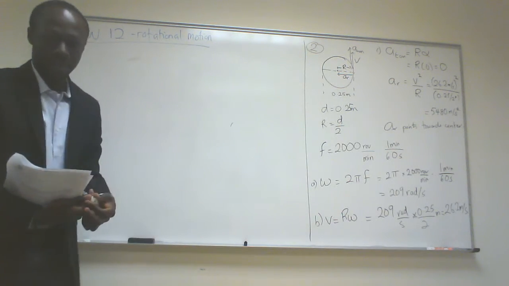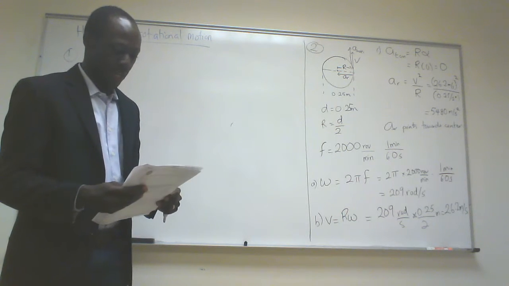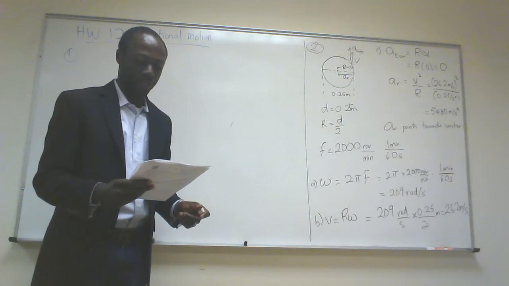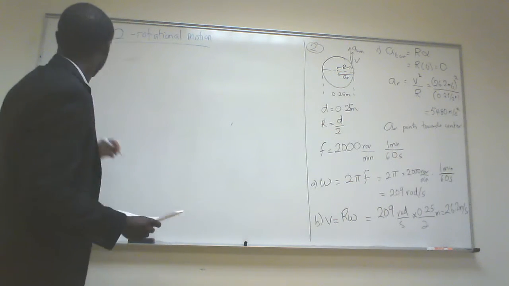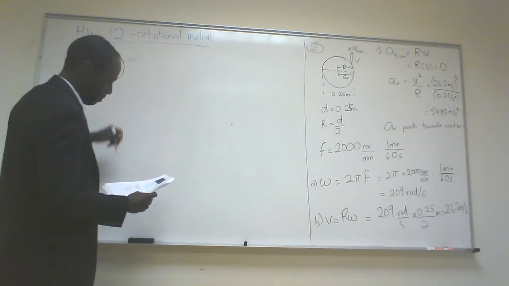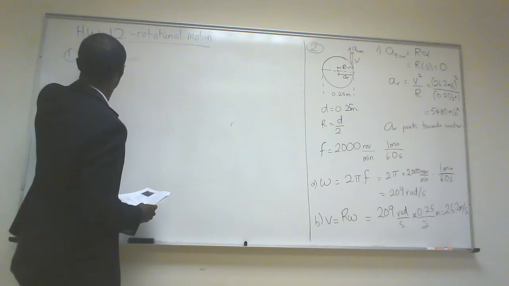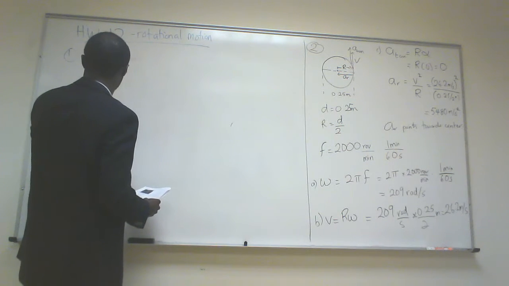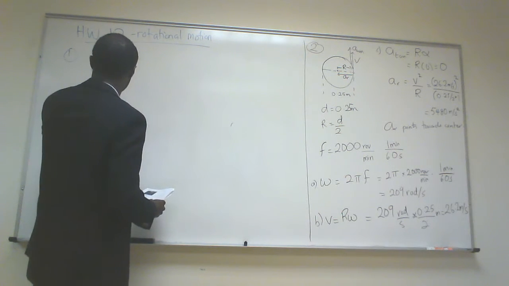So in the next problem, you have a child sitting on a rotating merry-go-round, which makes one complete revolution in 4 seconds. So we have our merry-go-round with some radius r, and we're told that it has a period T of 4 seconds.